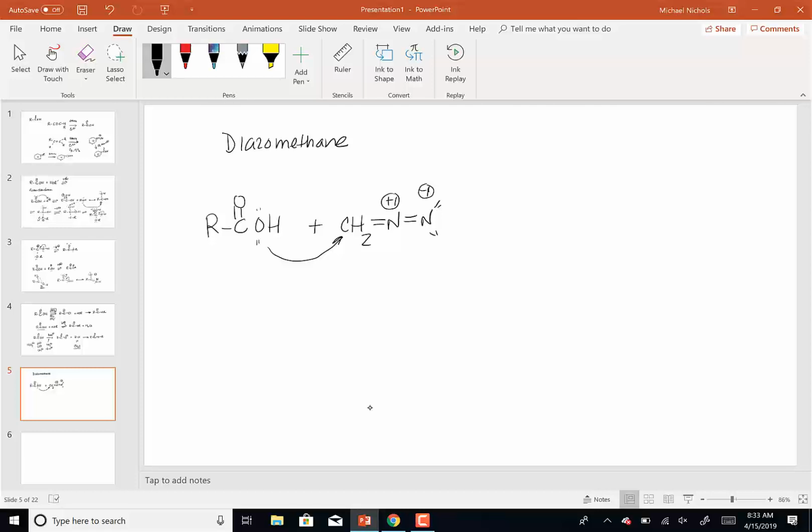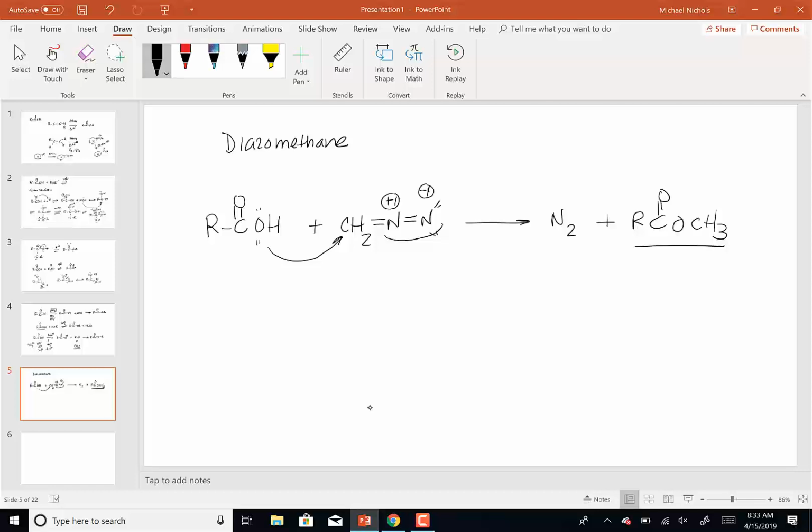And then, of course, you're going to end up with this group leaving as N2 gas. And so what you end up doing is methylating your carboxylic acid to make a methyl ester with diazomethane. Okay. And they go through the exact mechanism in Top Hat. I'm not going to go into that.